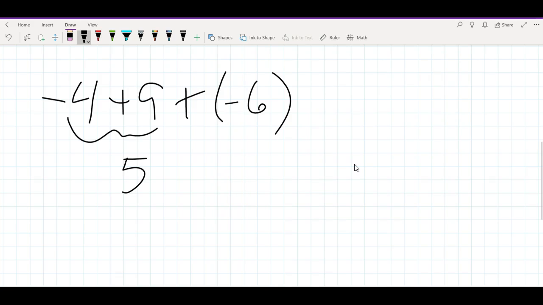The difference between 4 and 9 is 5. 9 is positive, so your 5 is positive. So we have 5 plus the opposite of 6. Well, the difference between 5 and 6 is 1. But in this case, 6 has the negative sign, so your outcome would be a negative 1.